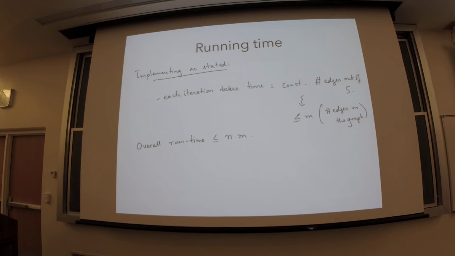Well, one of the things you don't need to do is revisit edges that you've already visited once. So the crucial observation is this: let's say I have this set S, and I have some vertex X, and I've already considered the vertices V1 through Vt.